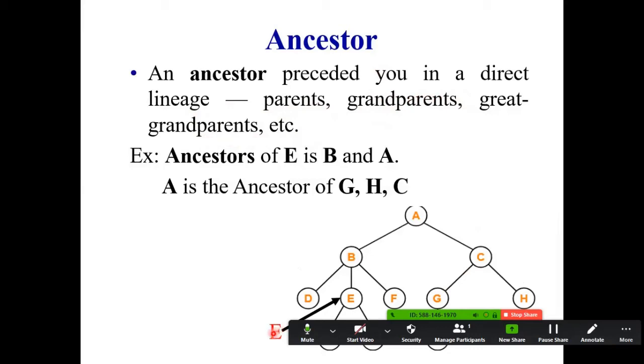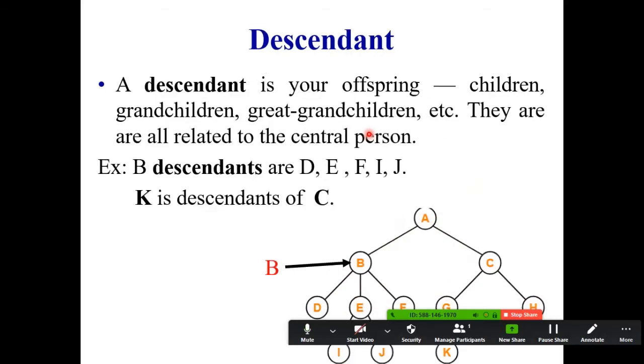Let us take the example of node E. Node E's ancestors are B and A. I can say node B is an ancestor of node E, and node A is an ancestor of node E. Let us take node G. Node G's ancestors are C and A. I can say node A is an ancestor of G and H. This is how we can represent ancestors.